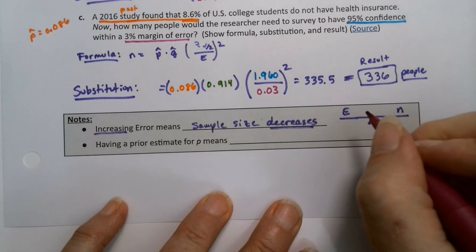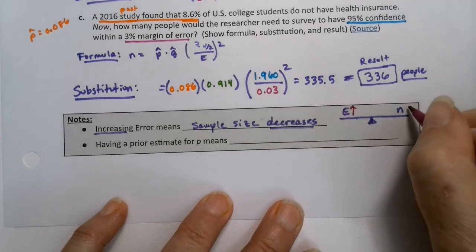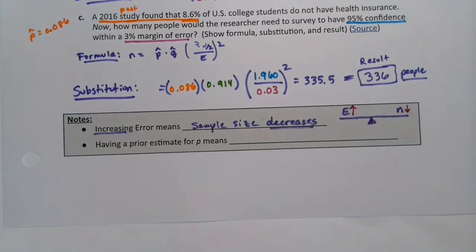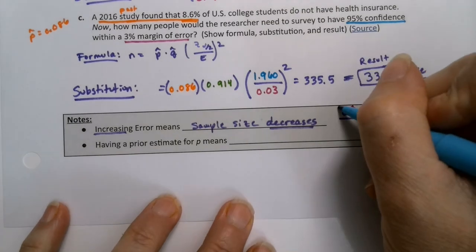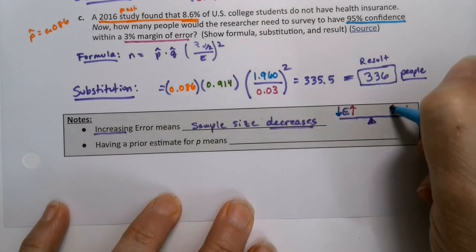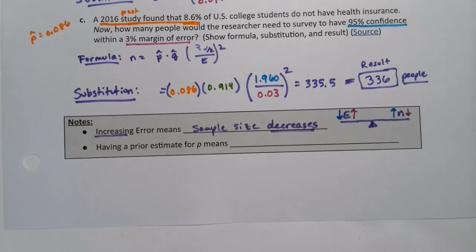If error goes up, sample size goes down. They're on a teeter-totter together. It's called an inverse relationship. By the same token, by the way, if you make error go down, then sample size will go up. If you want more accuracy, if you want only 2% margin of error, right, really nice tight confidence interval, then you're going to have to get a larger sample.